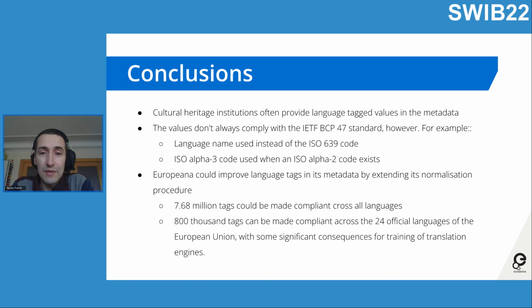This benefit would include 7.68 million tags. An increase of this number could be significant, and 800,000 tags actually relate to the 24 official languages of the European Union, which is the thing that is more important for Europeana.